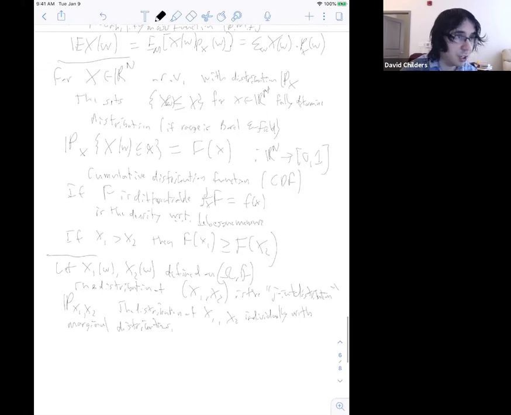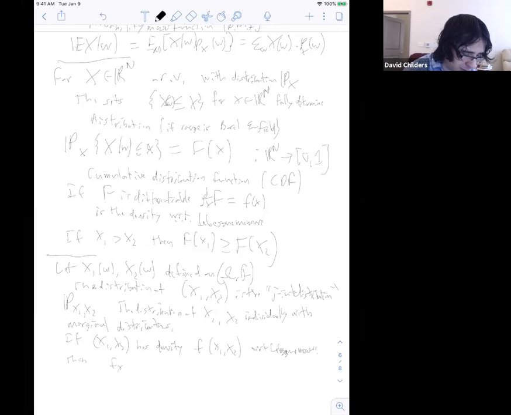And so we can show, if x1 comma x2 has density f_{x1,x2} with respect to Lebesgue measure, then f_{x1} has density given by the integral over x2 of the density of the joint distribution.